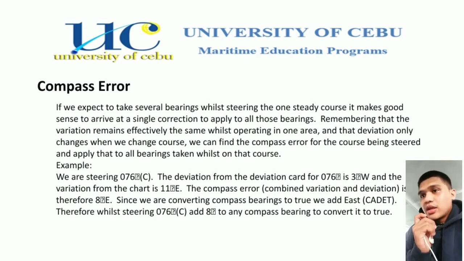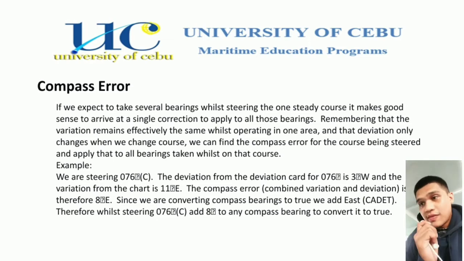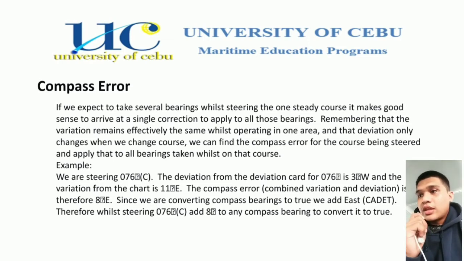076 degrees. The deviation from the deviation card for 076 is 3 degrees west, and the variation from the chart is 11 degrees east. So the compass error, combined variation and deviation, is therefore 8 degrees east.